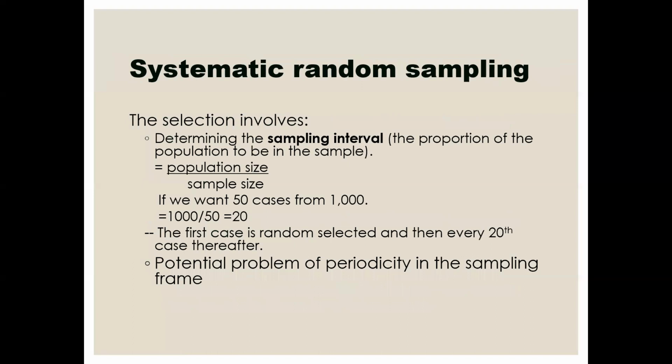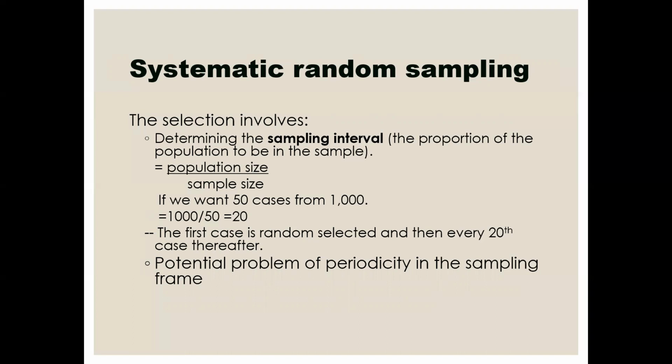Here, let's say that you have a sampling frame of 1,000 cases or 1,000 people, but you only want 50 cases in your sample. So how are you going to do it? Well, you figure out what's your nth number. You take the 1,000 cases that are your total, divide by the 50 cases you want, and that 20 is your nth number. So every 20th name on that list you take in your sample.